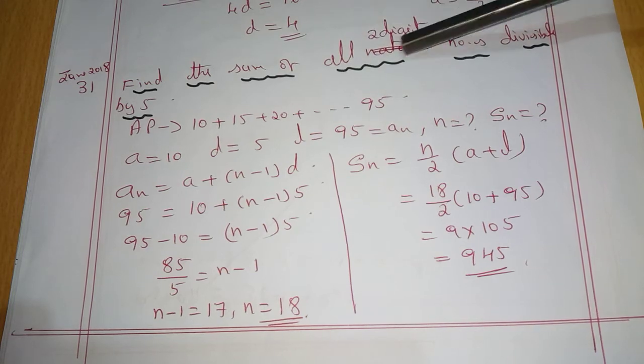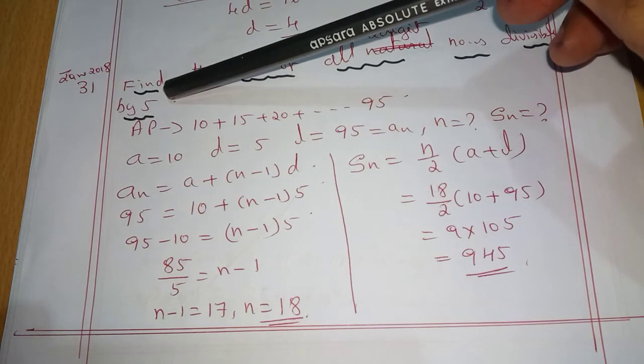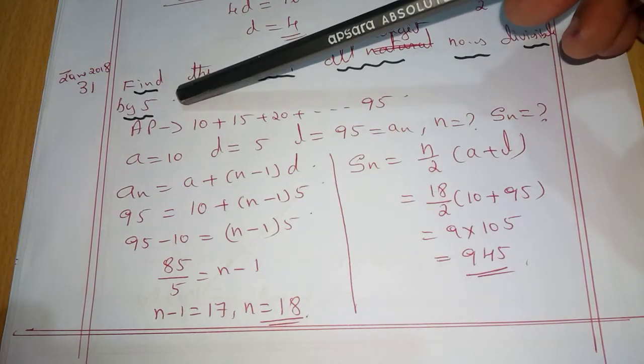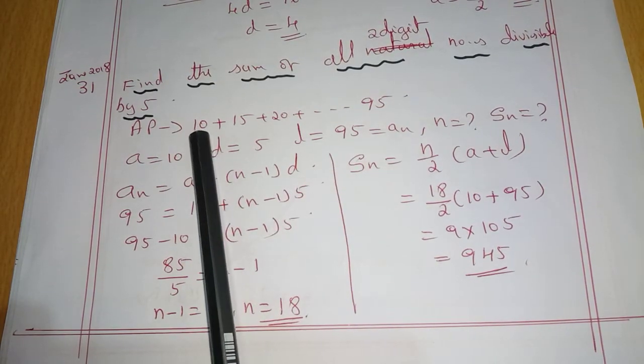Two-digit numbers in the 5 table. 5 ones are 5, 5 twos are 10. 10 is the starting two-digit number.